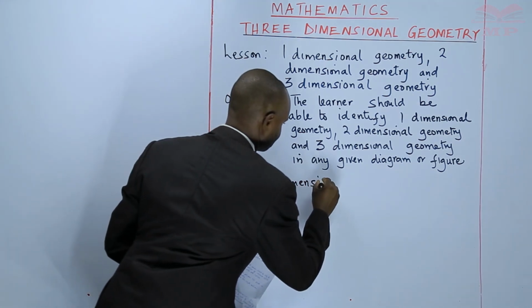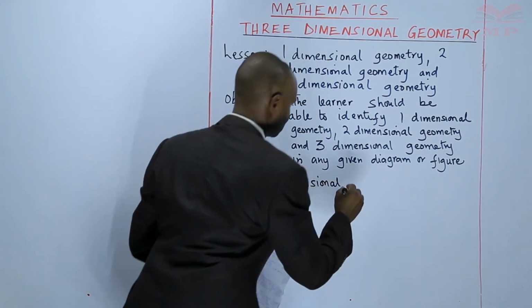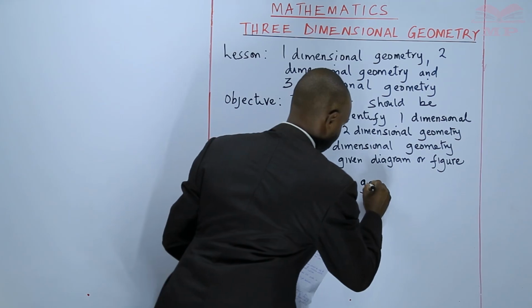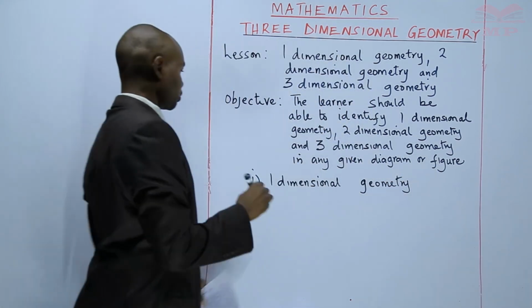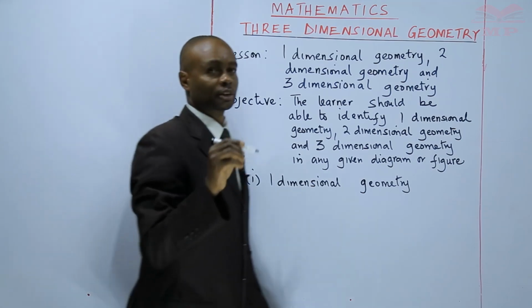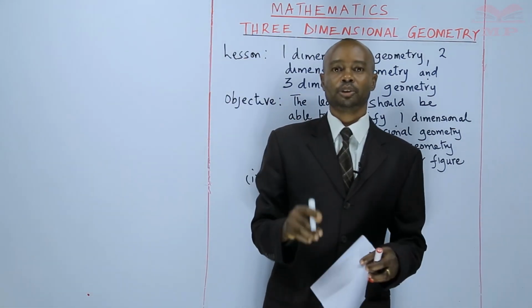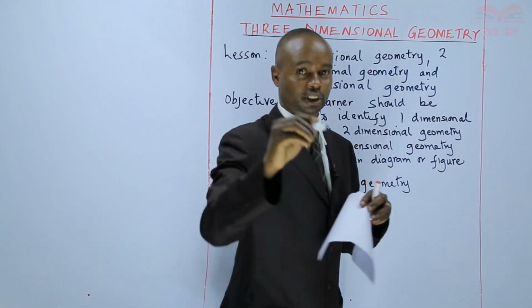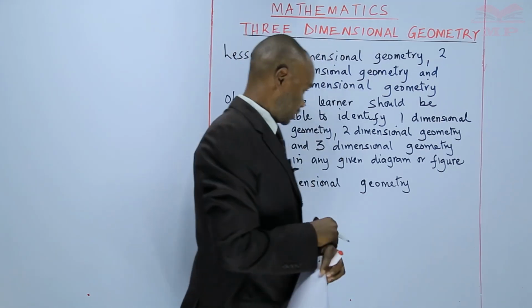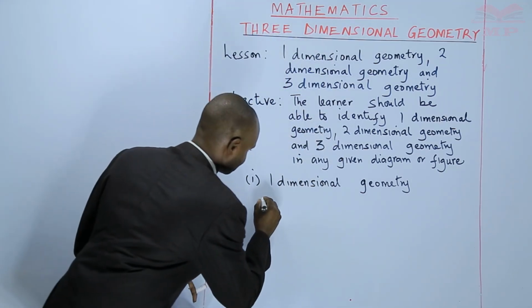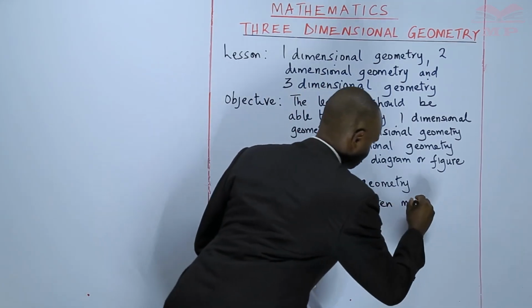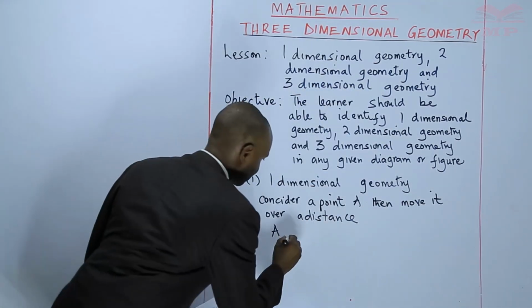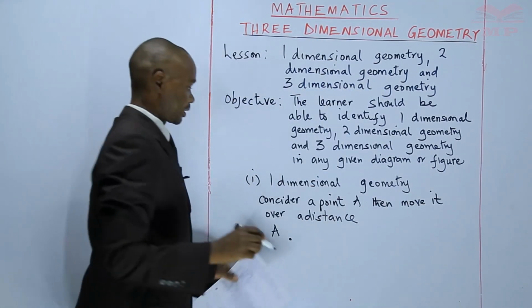So we shall look at one-dimensional geometry. To understand this, we shall consider a point, then we move it over a fixed distance. This is the point.